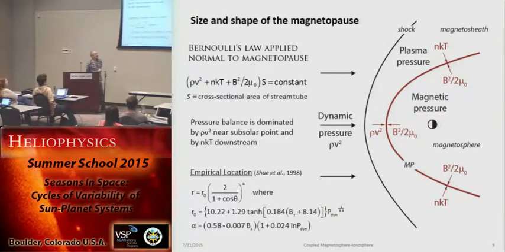Well, what happens is, okay, the question is, at the subsolar point, the energy has gone into thermal energy right at the boundary. And it is true. In particular, for northward IMF, there's a pileup of magnetic flux, and the dynamic pressure is not doing it.